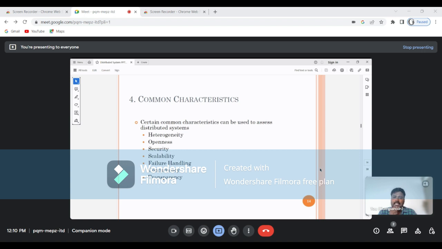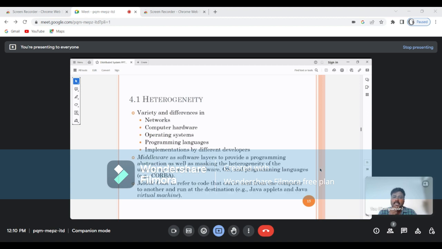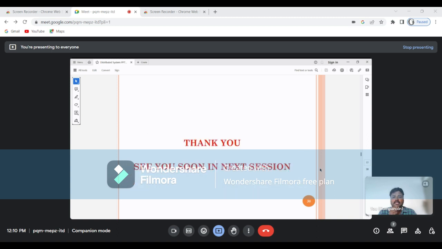And the characteristics such as heterogeneity, openness, scalability, security, failure handling, concurrency, and transparency. These things we have discussed in this session.